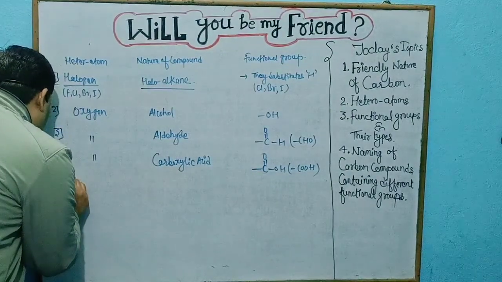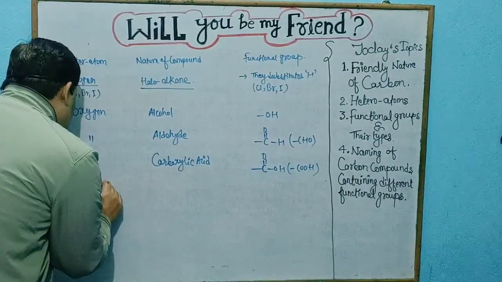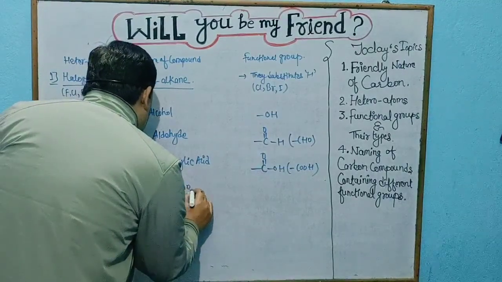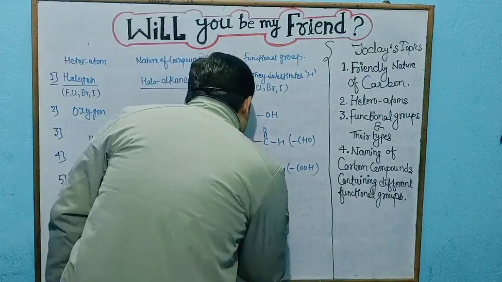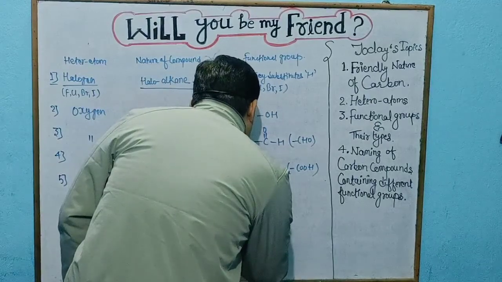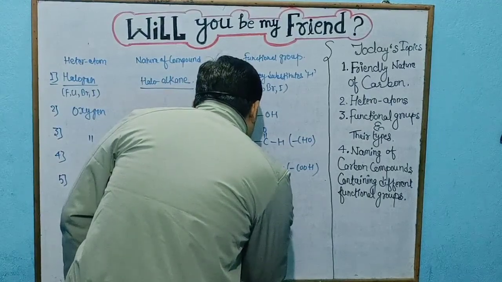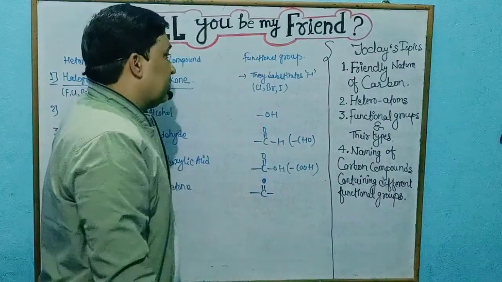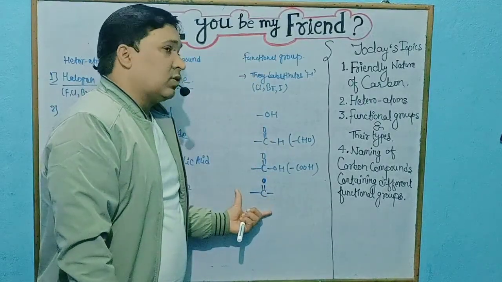Now the fifth and last one as per our syllabus is ketone. The functional group is CO. If we talk about the valency of this functional group, it requires 2 electrons.